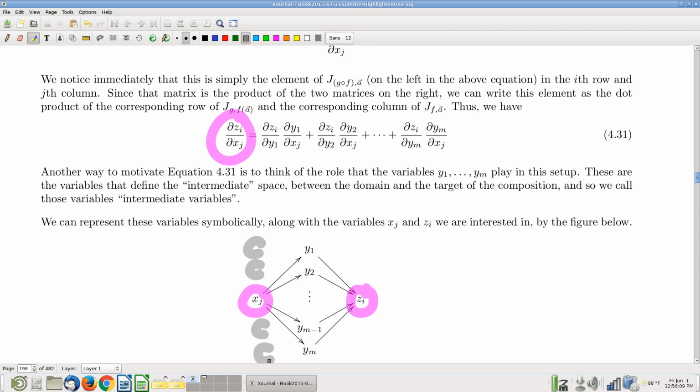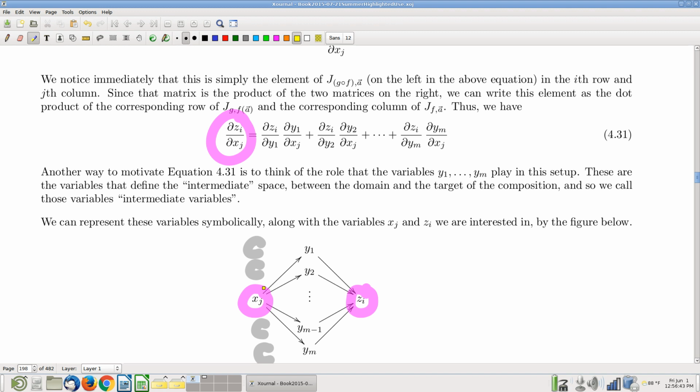I'm going to allow changing just this one variable xj, and I'd like to know when I change that variable xj, how much is this zi variable going to change? The proportion between these input changes and those output changes. Well, what possible ways are there that changes in xj are going to cause changes in zi? There are certain paths, I like to say, along which these changes can propagate.